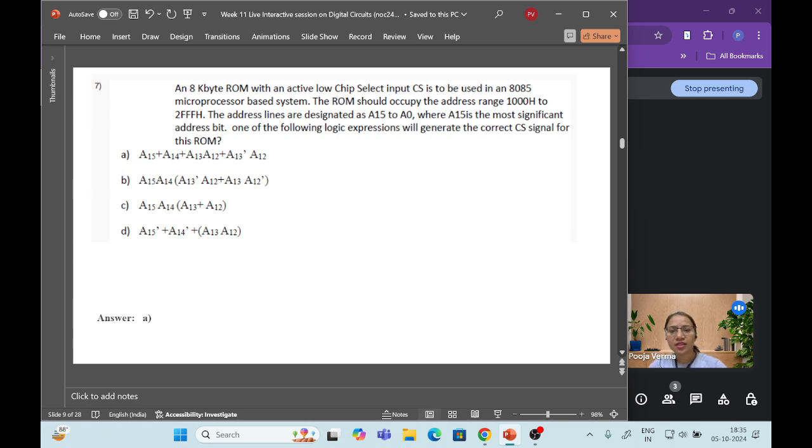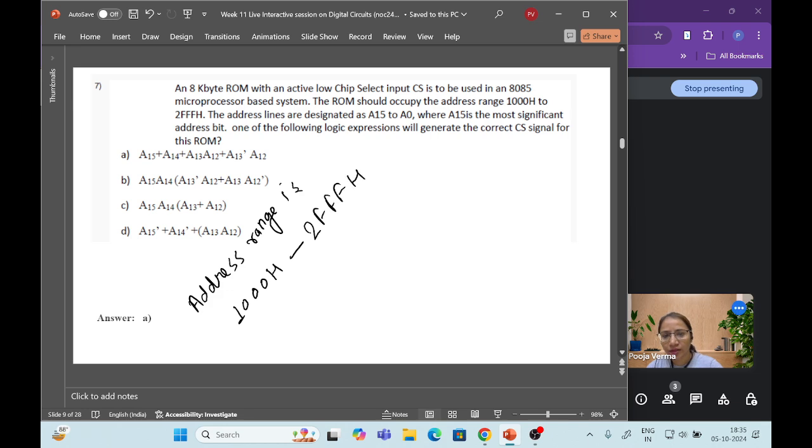So the address range is given. Here the address range is F000H to FFFFH. And the ROM is 8 kilobyte, so 2 to the power 3 into 2 to the power 10, that is 2 to the power 13.